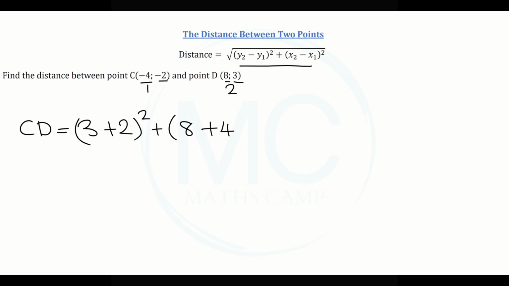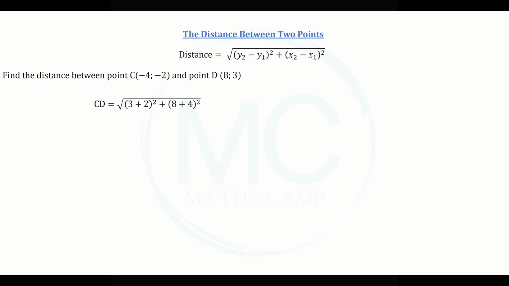So we get 8 plus 4 squared, all under a square root. Now let's simplify the terms within the bracket. 3 plus 2 gives us 5, so we get 5 squared, plus 8 plus 4 is 12. Put this into a bracket too, squared, all under a square root.